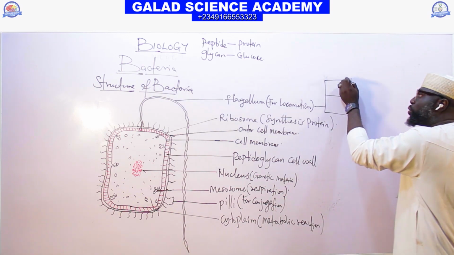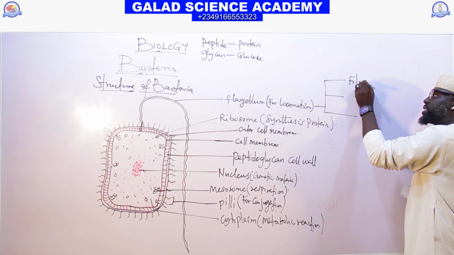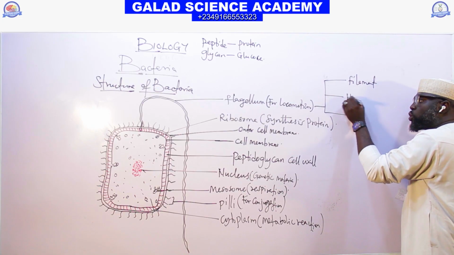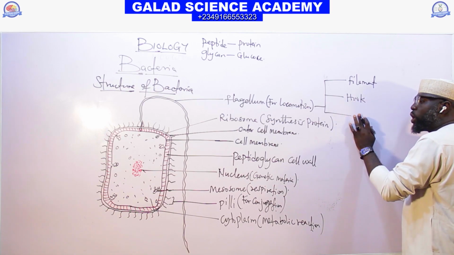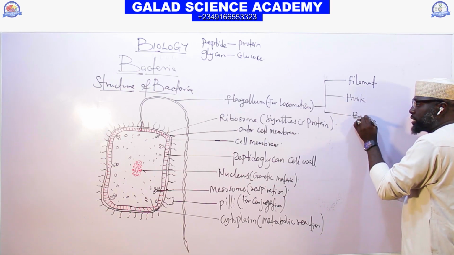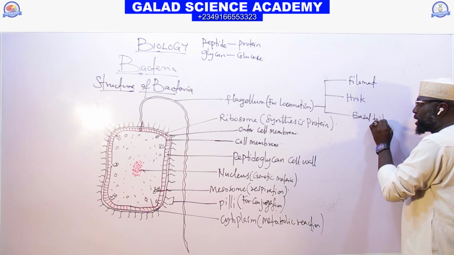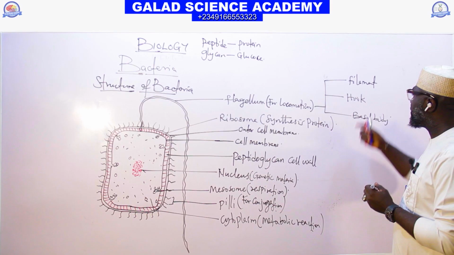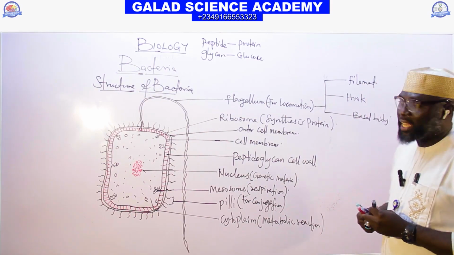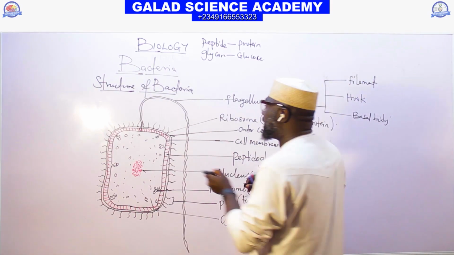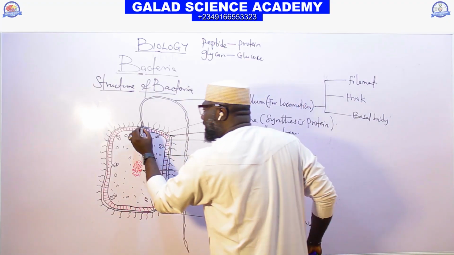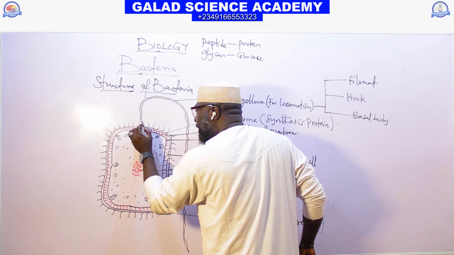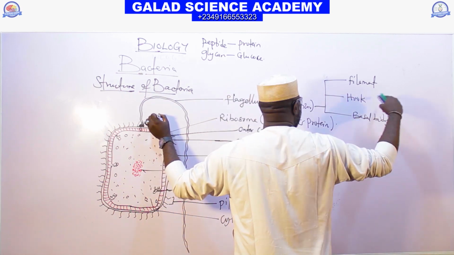The first one we have is the filament, the second one is the hook, and the third one is the basal body. Please, what is the filament? This is the flagellum. At this side of the flagellum, here, this side is what we call the hook.